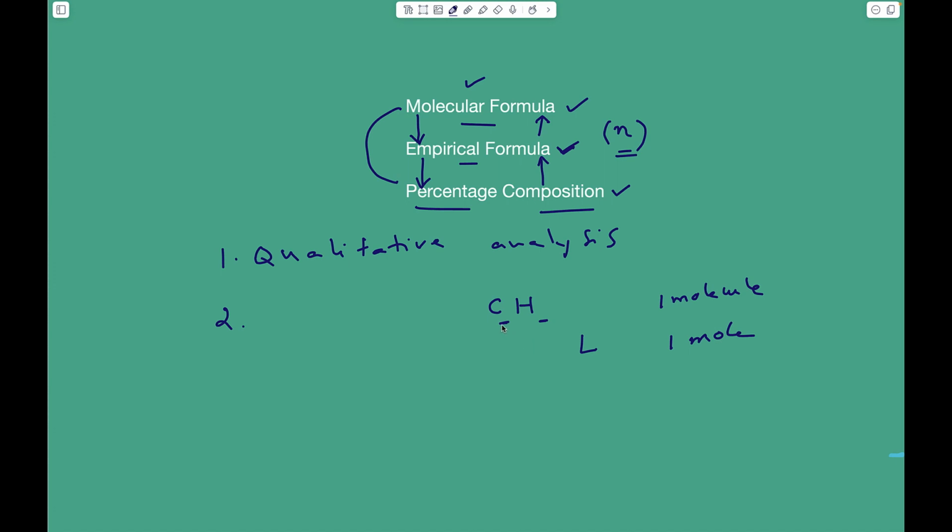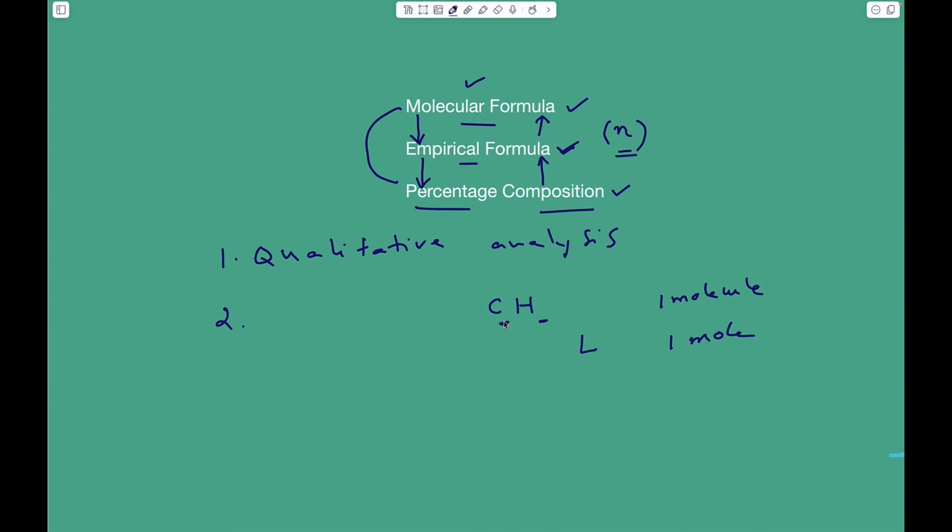So, to know the values of these subscripts, one thing you can do is hold a single molecule between your fingers and somehow identify different types of atoms present in that molecule and count them. But can you do that? No. Molecules are too small, so we cannot do that.